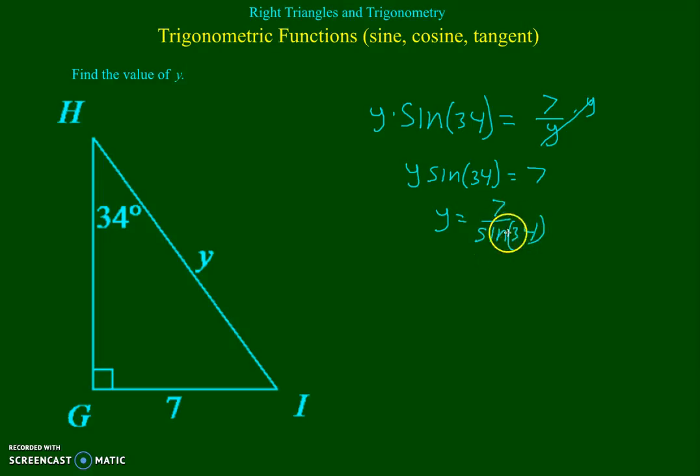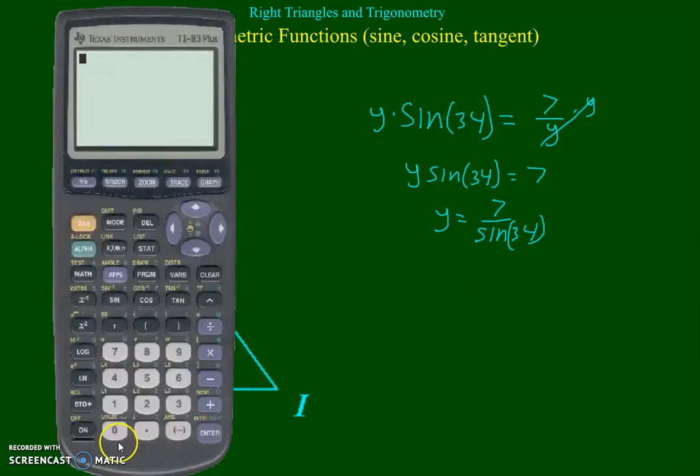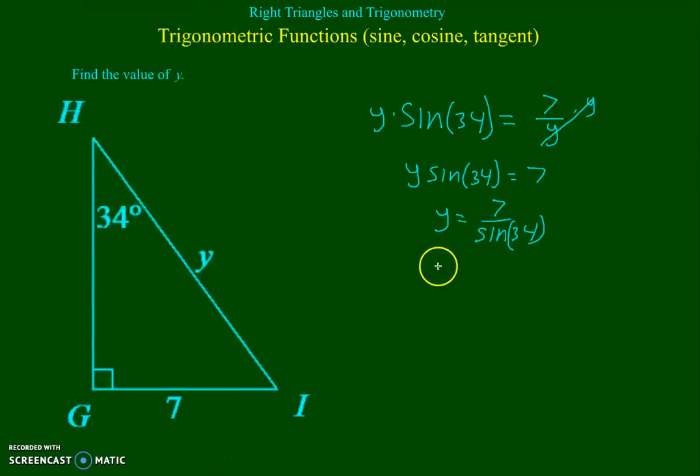And to solve this, we simply bring up our trusty calculator and enter it in. 7 divided by sine 34. And that's our value, 12.5 approximately. Now you'll need to remember that these functions, sine, cosine, and tangent, always generate approximations.